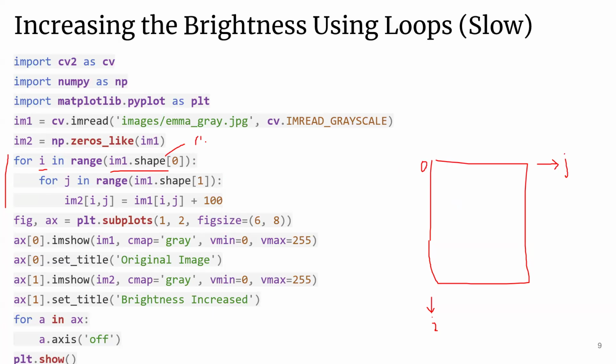So i will go this way, j will go that way, and then I can access im[i][j]. It is im1[i][j] plus 100, because I have i and j from there. That's how you do it using a loop. But this is not something that we do. We use OpenCV functions for that. Those have been implemented in C++.